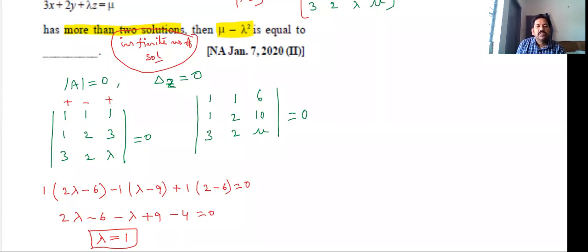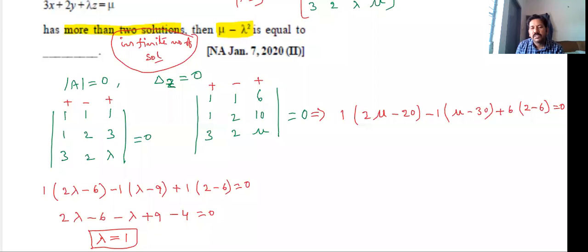Here also expand with symbols plus, minus, plus. What do we get, students? 1 into 2 mu minus 20, minus 1 into mu minus 30, plus 6 into 2 minus 6, is equal to 0.